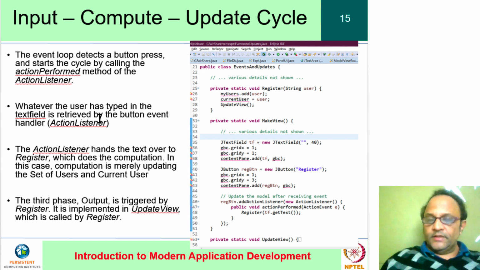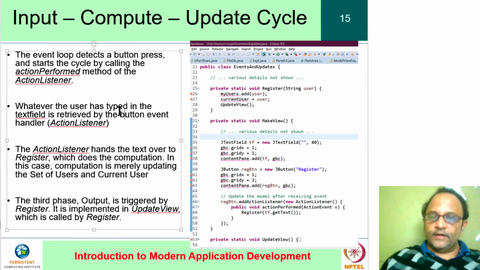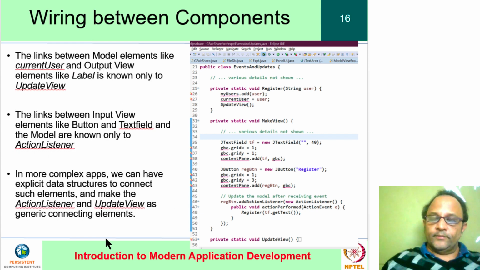By arranging this system in this particular style, what we have ensured is that the knowledge in the application is clearly spread into manageable pieces. So for example, looking at the wiring, what we see is that the links between model elements like current user and output view elements like label are known only to the update view.